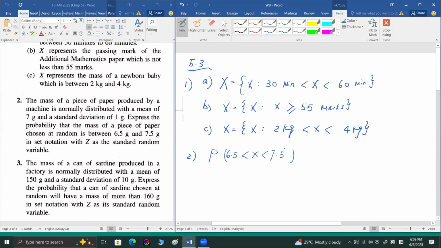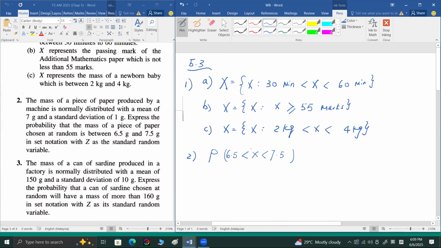But sometimes you see the mass of something can come to unlimited, right? Maybe 100 kg, 200, 300, 1,000, 200,000, and so on. So for the X normal value, certain can come to very big number or very small number.